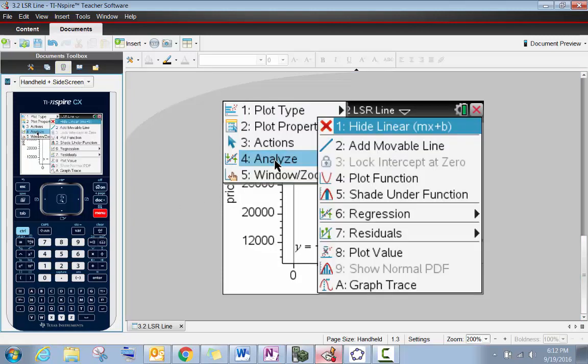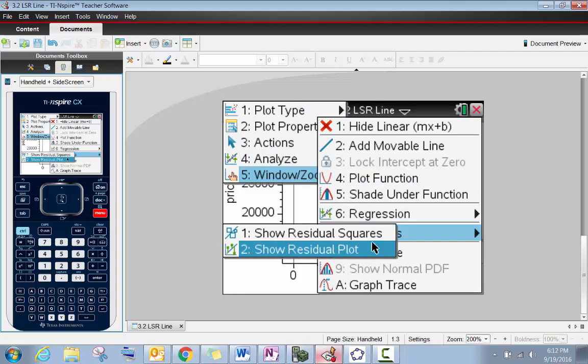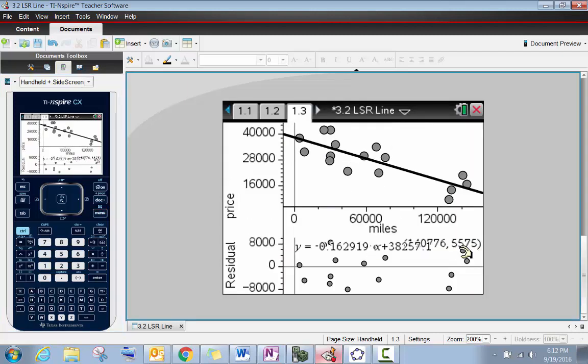And then we go to Menu, Analyze, Residual, and Show Residual Plot. And now it shows it. You can see that this point is a little bit above that. Well, that's this point. It shows us how far off it is. And so this is really just this straightened out. So that's how we find our residual plot.